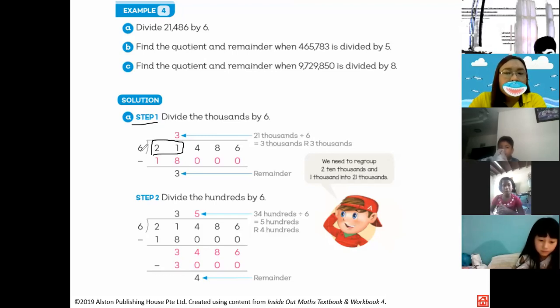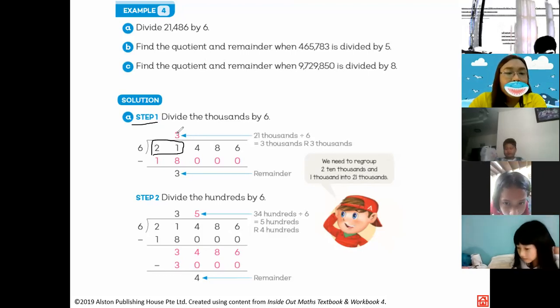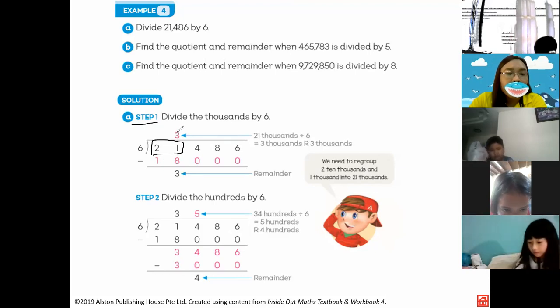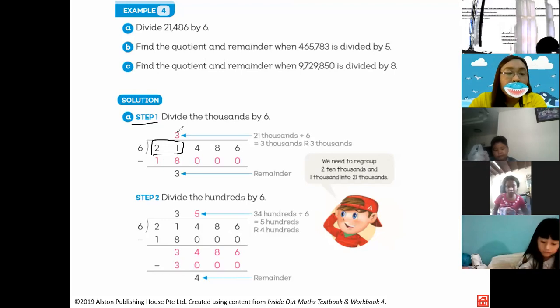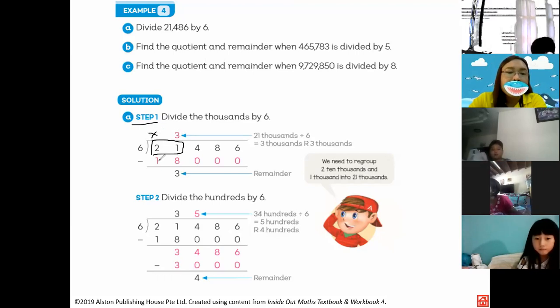So 21 divided by 6 is 3. Then we multiply 3 by 6, that's 18.